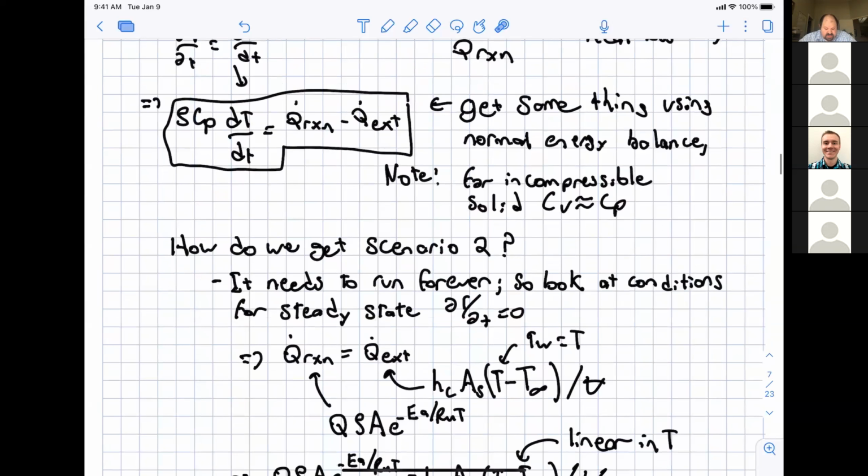Okay, so you wind up with the exact same thing that we did before. Now we were discussing two scenarios, what motivated this is that we were looking at the explosion feedback loop.